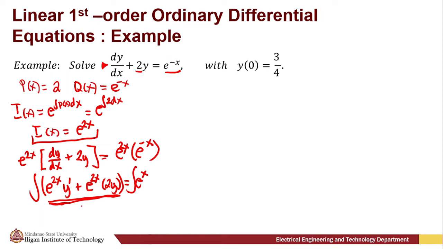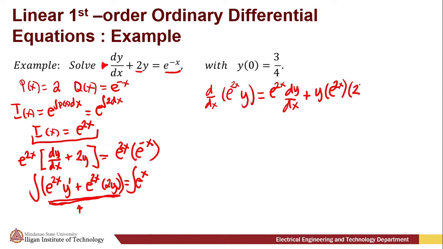If you notice, the derivative of our integrating factor e raised to 2x times y, by the product rule, is e raised to 2x dy over dx plus y times e raised to 2x times the derivative of 2x, which is 2.